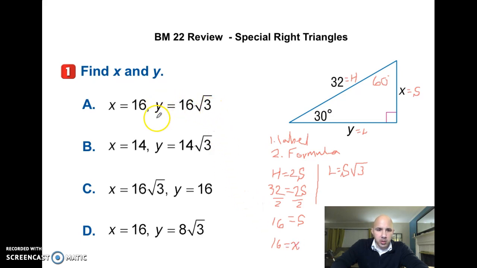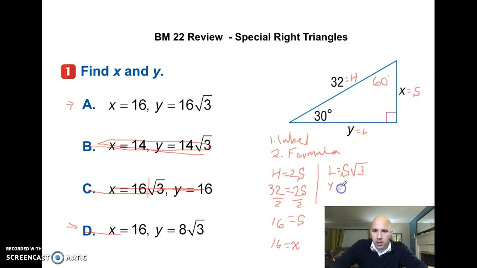So I'm going to look for my answers here. 16 equals x. The only one that works for us, let's see, this one's definitely not in the picture. This one's definitely not in the picture either. So it's either going to be A or D. Let's solve for y. I'm going to substitute the values. My longer leg is y.